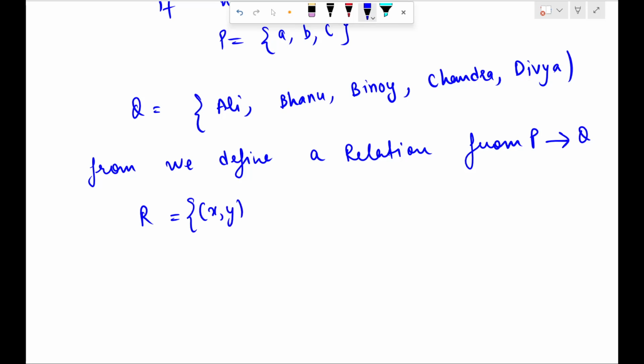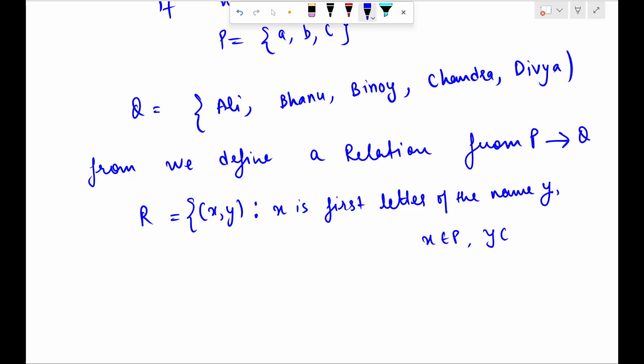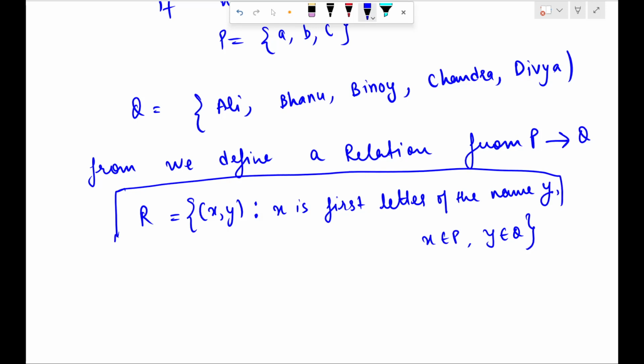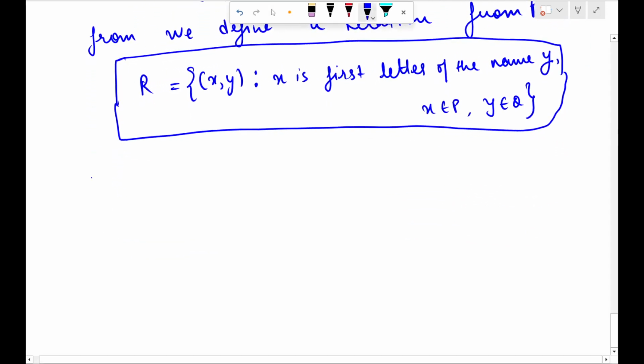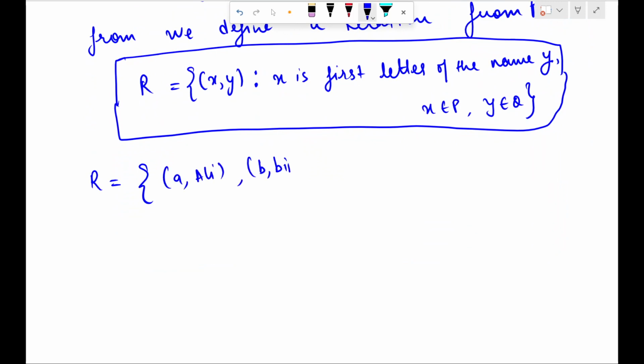So this is a unique relation from P to Q where X and Y are elements of this relation, and X is the first letter of the name Y, where X belongs to P and Y belongs to Q. So this is a relation which is a subset of the Cartesian product of P and Q. If we write the relation, we get A for Ali, B for Binoy, again B for Bhanu, C for Chandra.